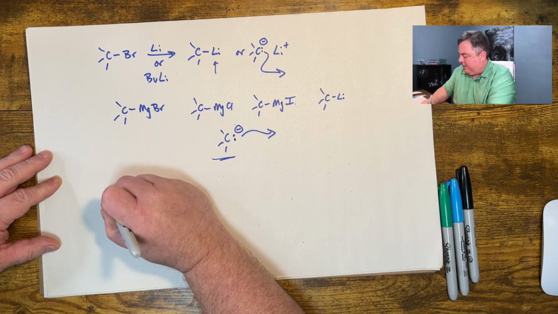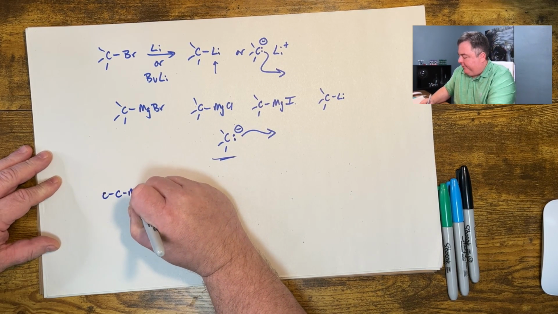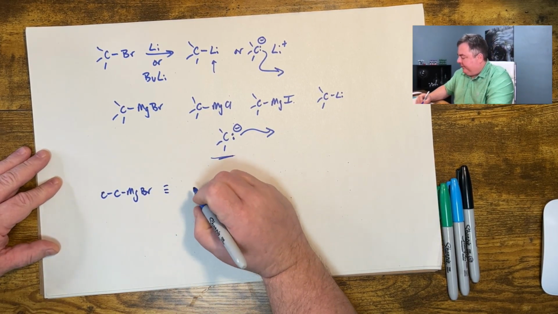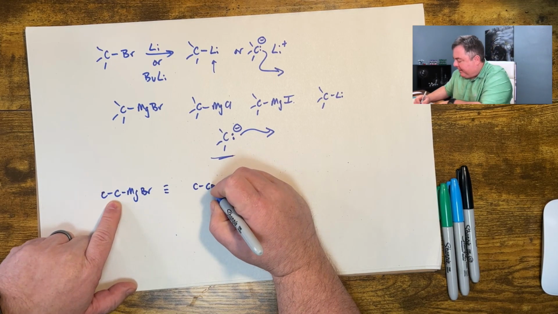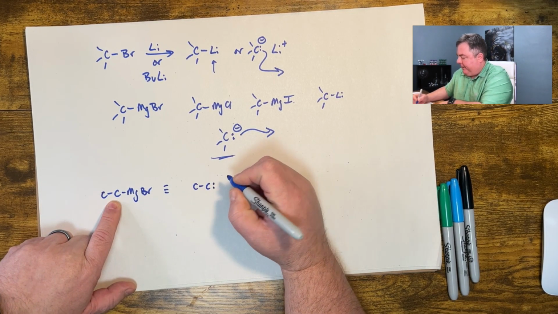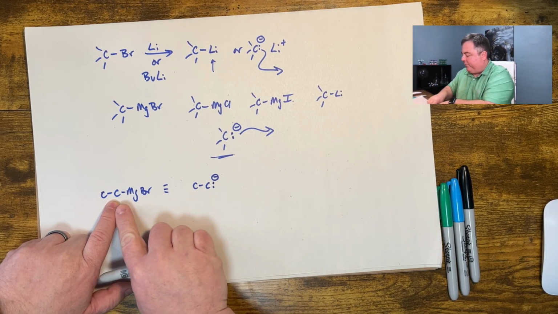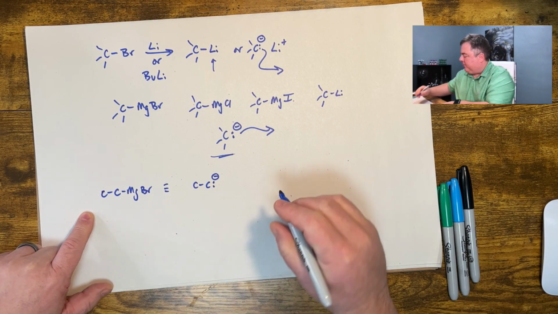Let's pick maybe a 2-carbon ethyl MgBr. So I think about this like 2 carbons with the positive magnesium. I'm thinking about this having a lone pair with a negative charge ready. So this carbon atom is ready to go attack something. So that's how I'm going to consider this molecule.